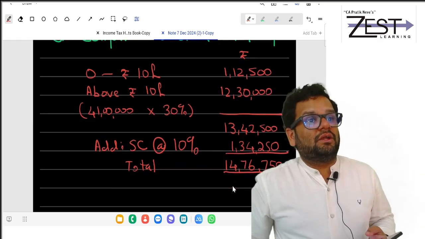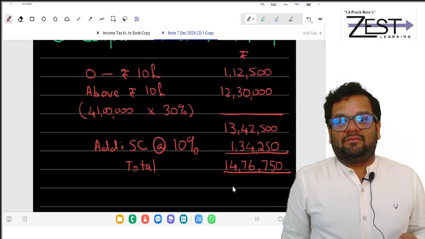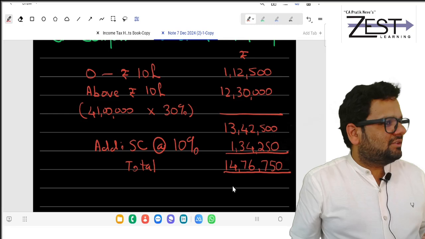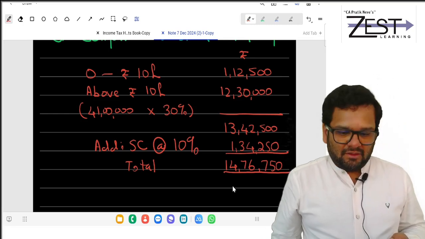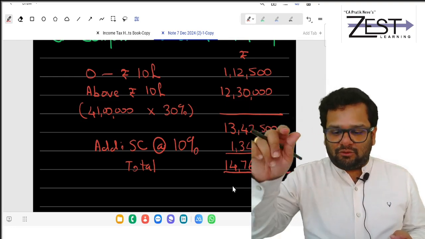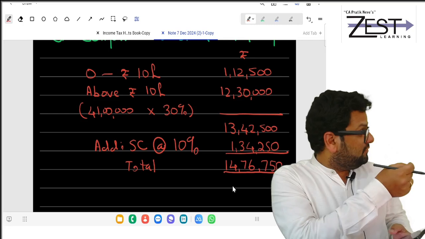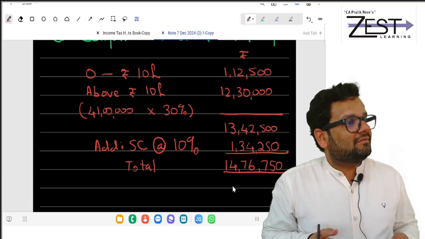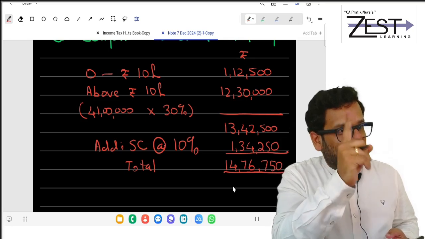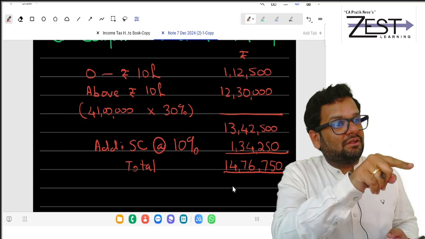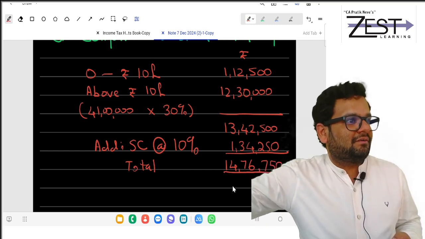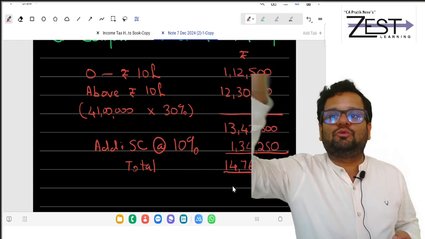Because you will not be willing to pay this much. If you pay this much, it's unfair. Only because of that 1 lakh, you are paying 134,250. Better you throw that 1 lakh away. So you will save 34,250.